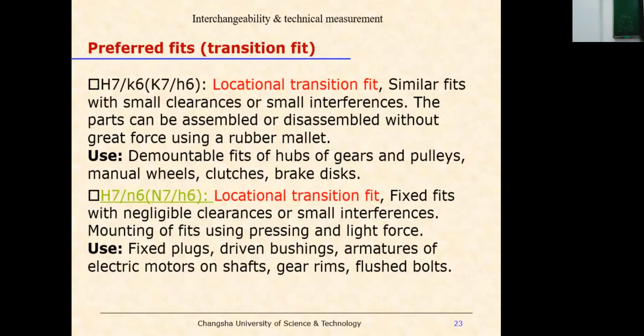Mounting uses pressing and light force. Used for fixed plugs or drive bushes, armatures of electric motors on shafts, gear rings, or flywheels. So when you need to design a part used in these conditions, you use H7 for the hole and N6 for the shaft.